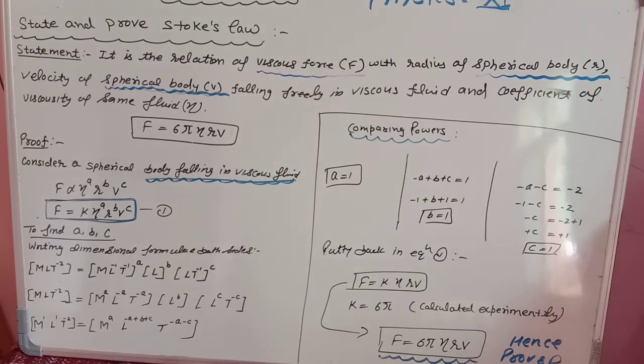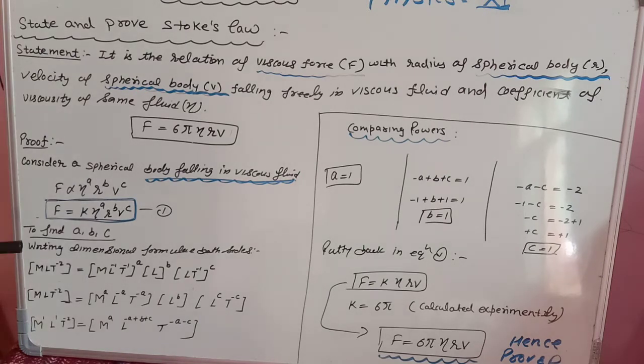So you know that viscous force F is directly proportional to eta to the power a, radius to the power b, and V to the power c. This a, b, c we have taken as some constants because we don't know how it varies with eta, with R, and with velocity V. That's why we have taken the power of eta as a, the power of R as b, and the power of velocity as c. Now our objective is to calculate the values of a, b, and c.